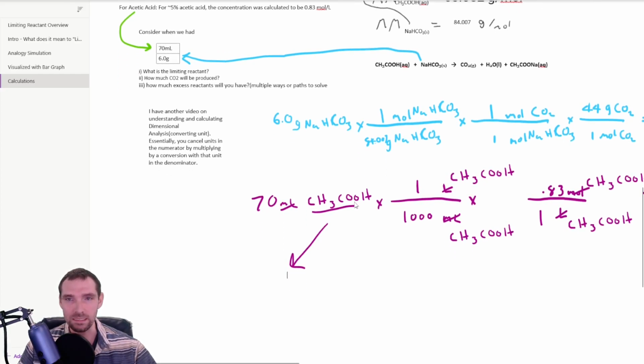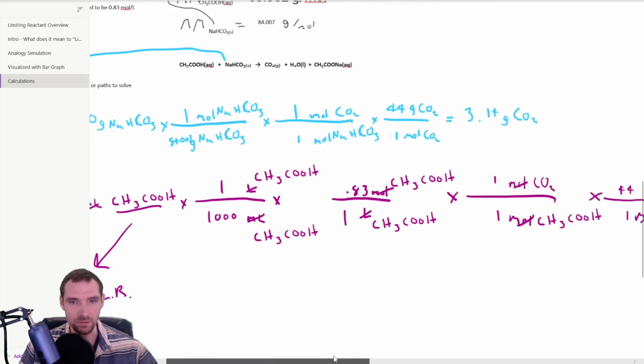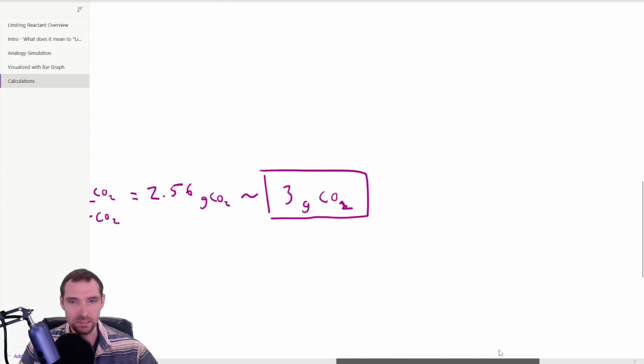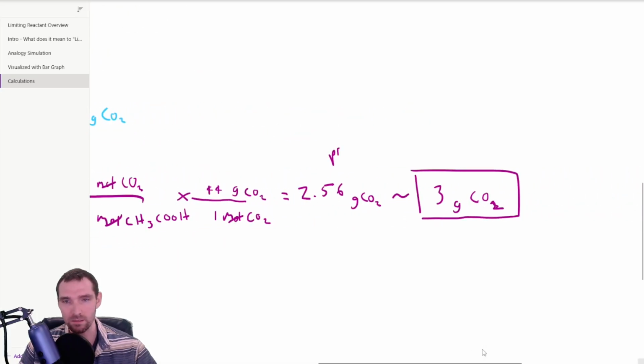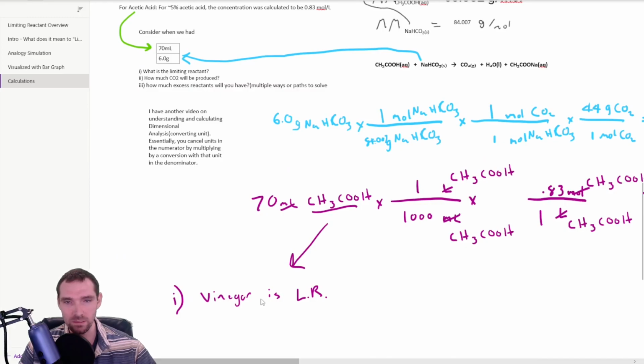So that was the aqueous solution. So the vinegar is the limiting reactant. So that's that part 1 here. And then how much CO2 is actually produced, that was this here. And just keeping in mind, this is the produced, and this is how much was used.